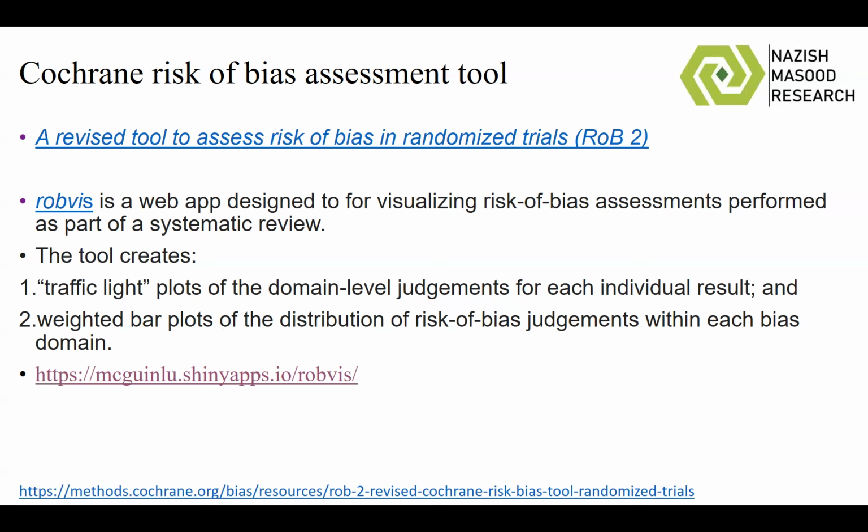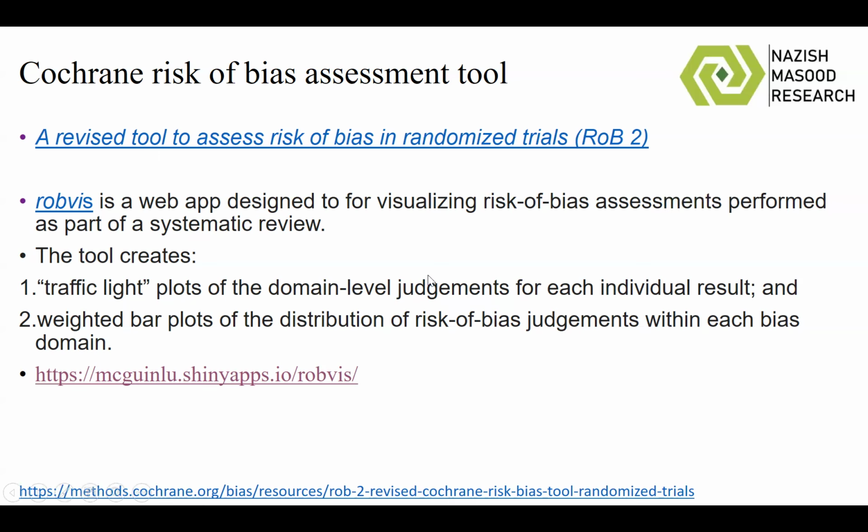Sure. Can you please explain? So this ROB-VIS, which is the risk of bias visualization tool, is just a visualization tool, right? But for the assessment, how do you define something as low risk, some risk, or high risk? For that, you will have to use the Cochrane risk of bias tool.